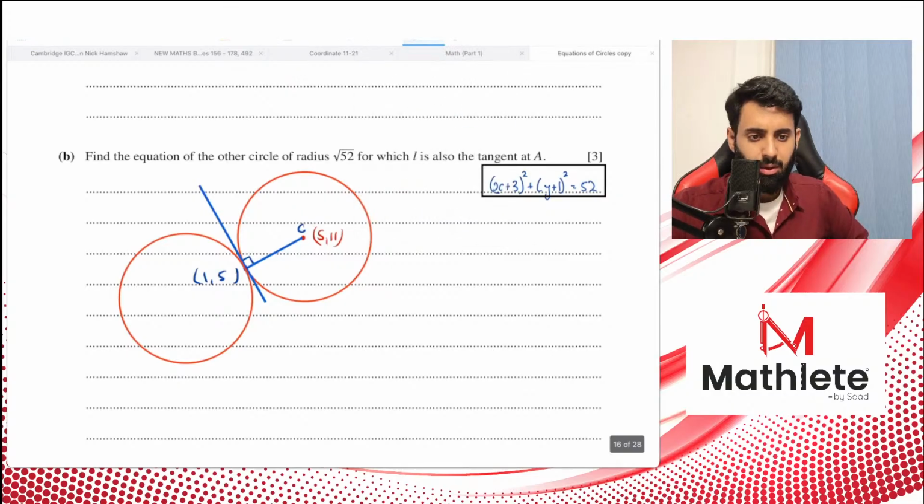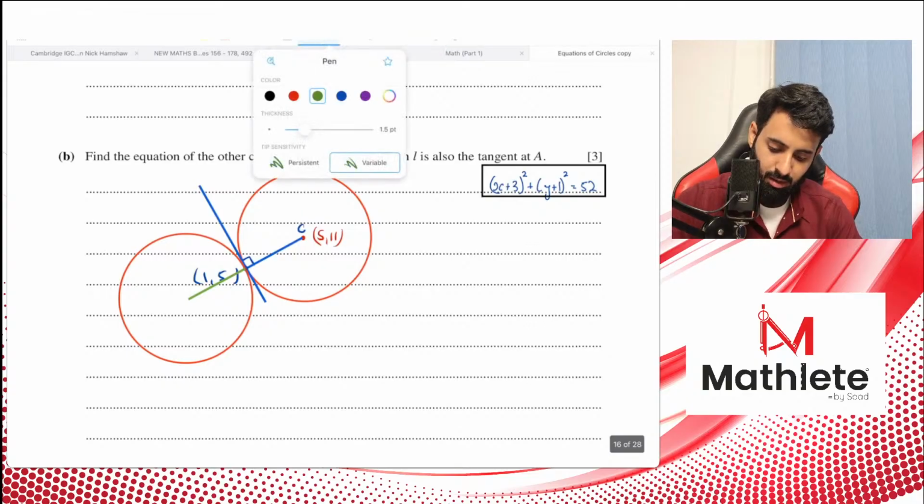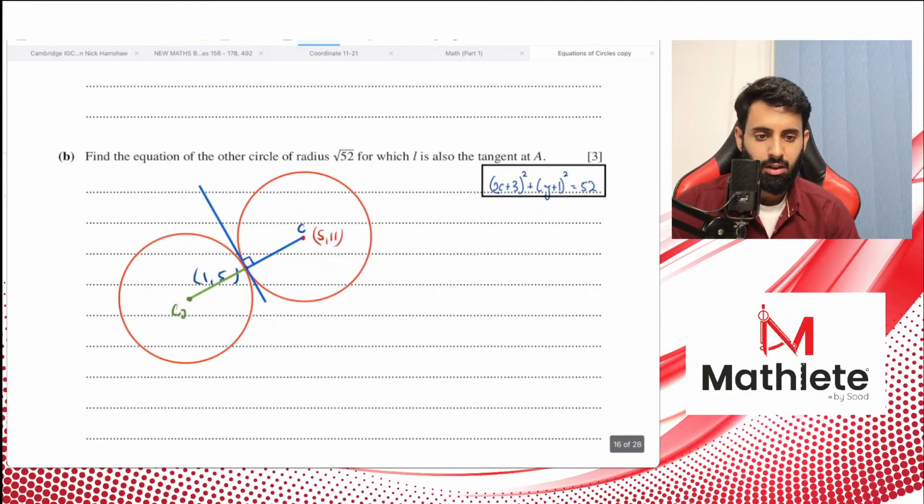Okay, so what do you think? What concept are we going to use over here? Considering that these two circles are of the same radius, to give you a bit of a hint, let's say that the center of this circle is C2. Now tell me, what concept are we going to use over here?